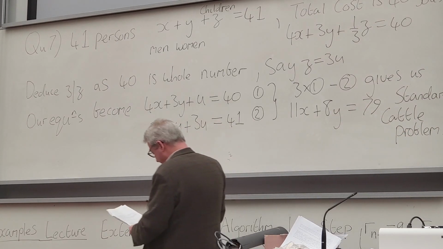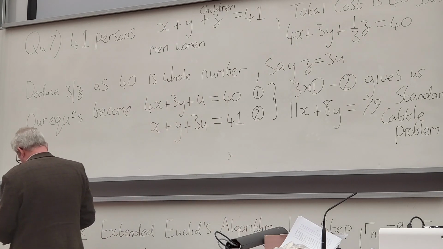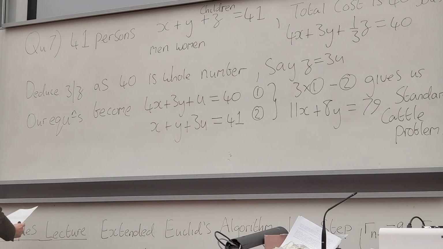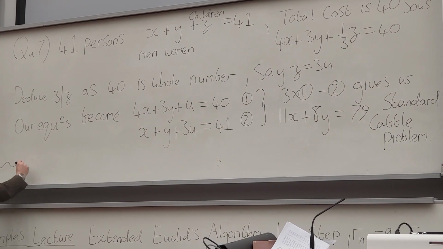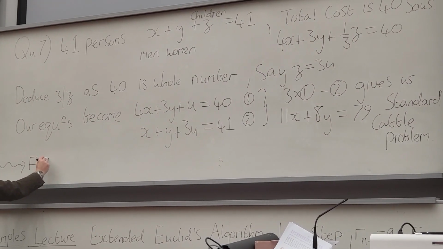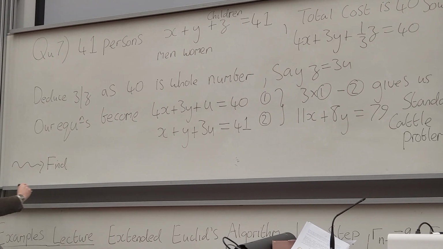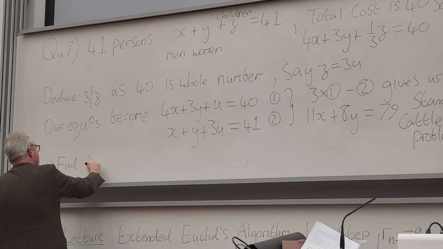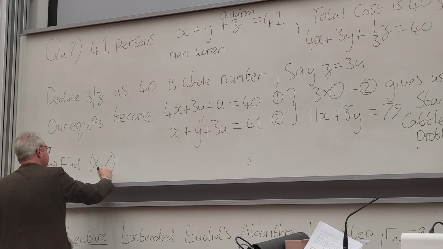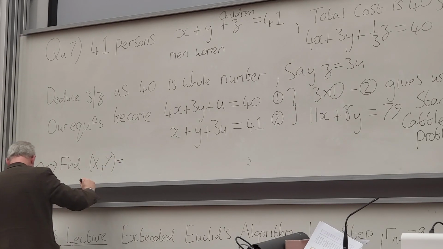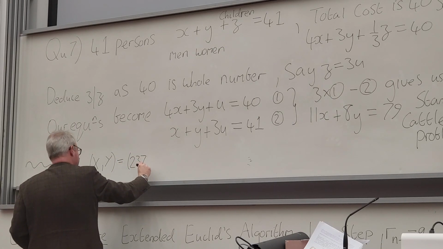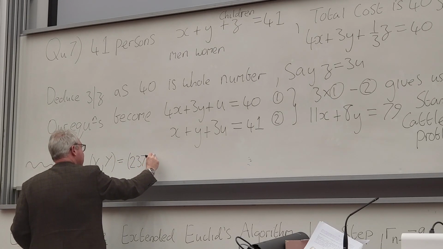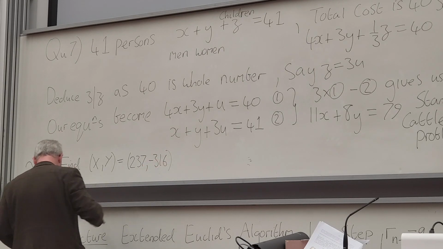Okay, so I won't go through the table. You'll be able to do that. So after some work, capital X, Y equals 237 and minus 316 is a solution.